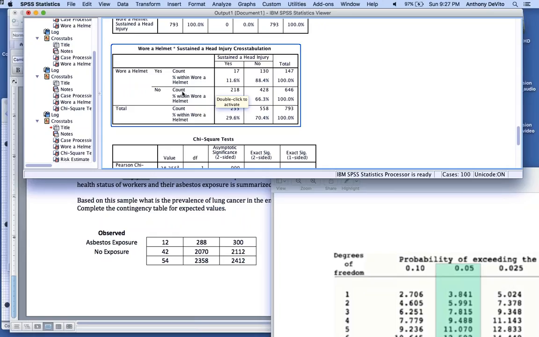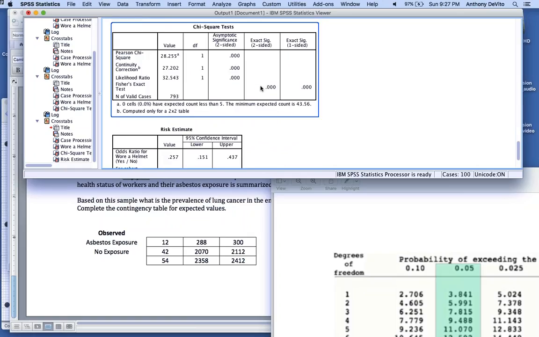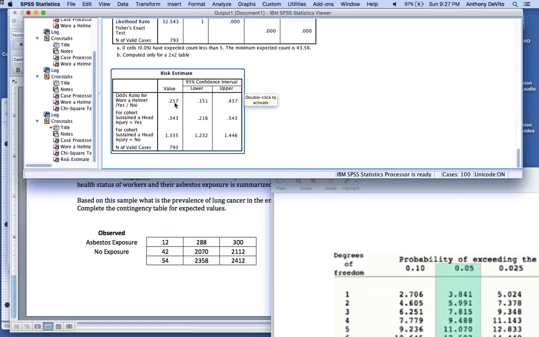The odds if you don't wear a helmet is 218 over 428. So if you calculate 17 over 130 and divide it by 218 over 428, that's your odds ratio. And that's what you have here, 0.257. The odds of your sustaining a head injury is 0.257 if you wore a helmet versus if you didn't wear a helmet.